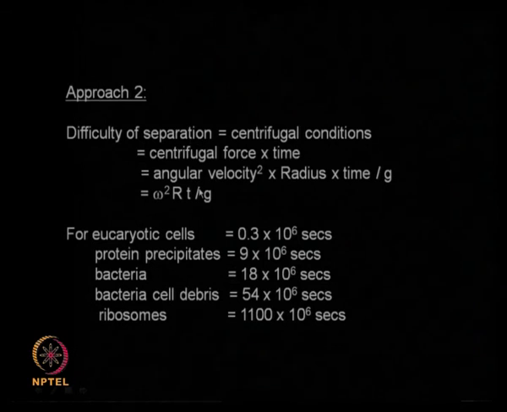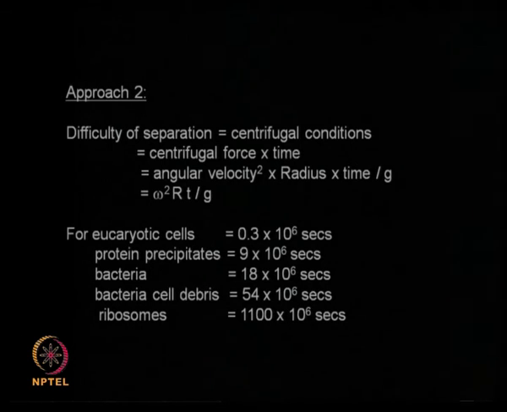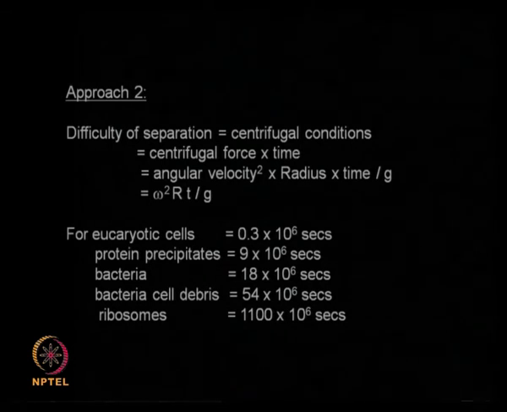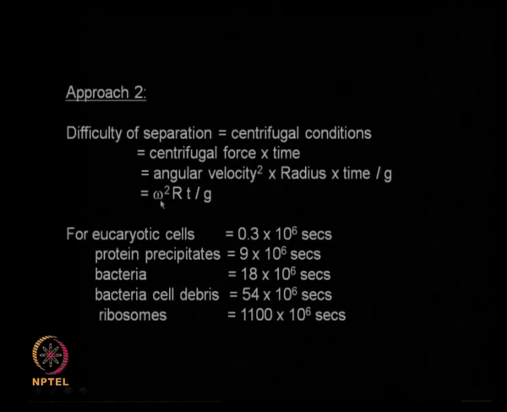Whether I perform the operation in a small scale or in large scale, I maintain omega square r t by g constant for the particular system, understand. So in a large scale I will keep omega square r t by g as 54 into 10 power 6 if I am removing cell debris, or if I am doing the same removal of cell debris in my lab, I will still keep it as 54 into 10 power 6 seconds.